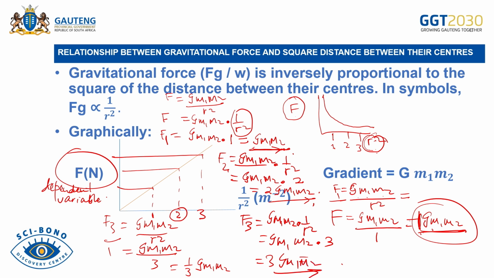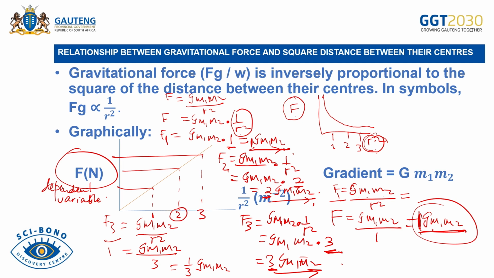So check something here. When 1 over R squared increases from 1 to 3, what happened to F? F increased by 1, 2, 3. You can see F also increased by the same factor.